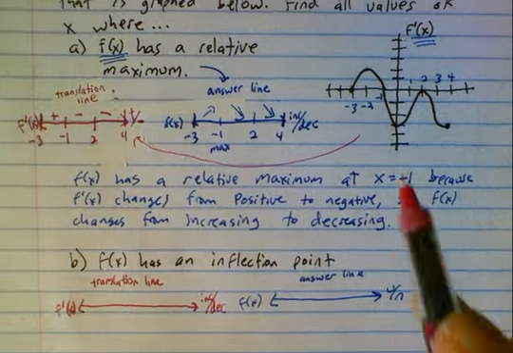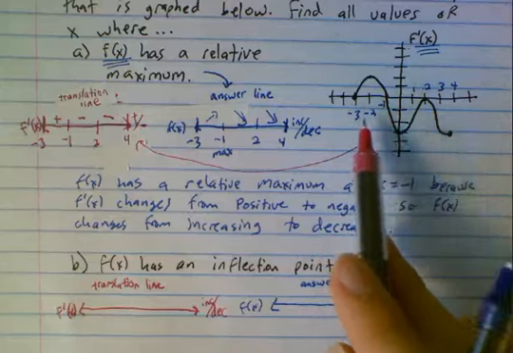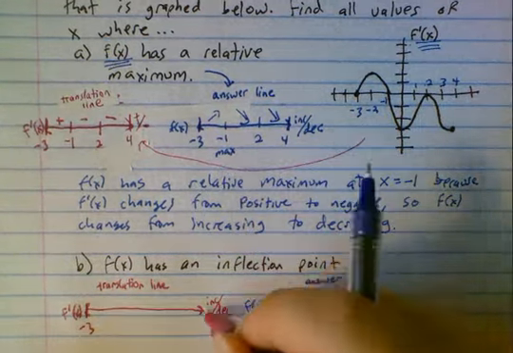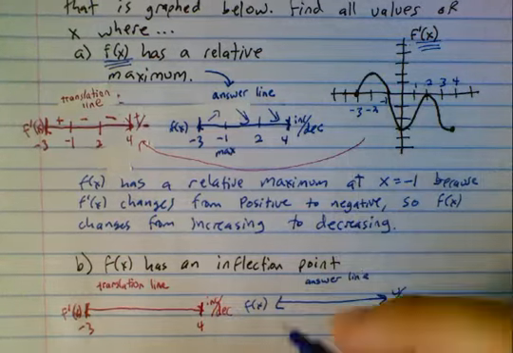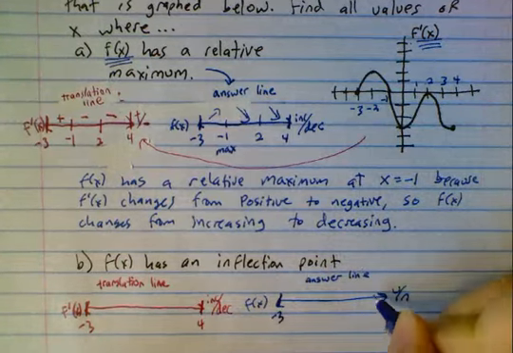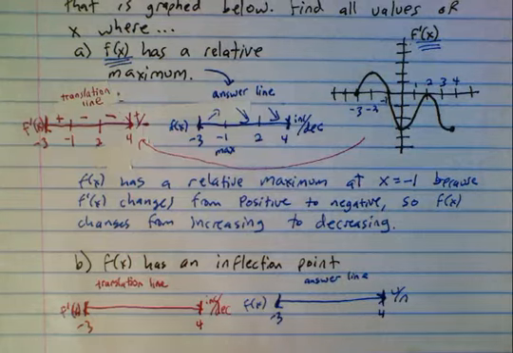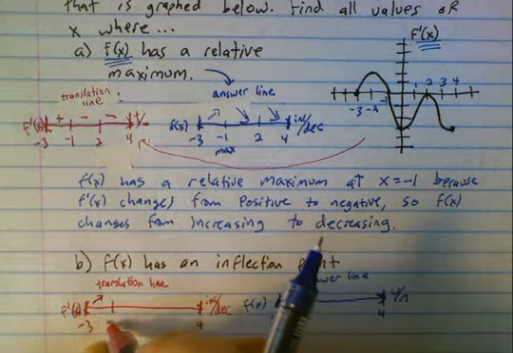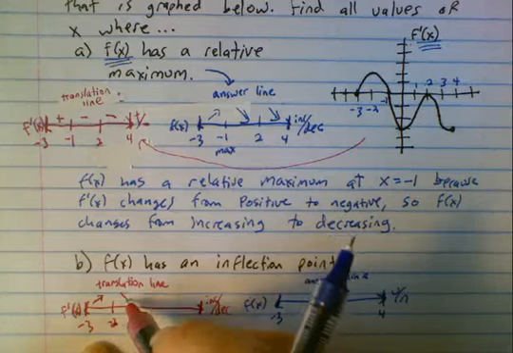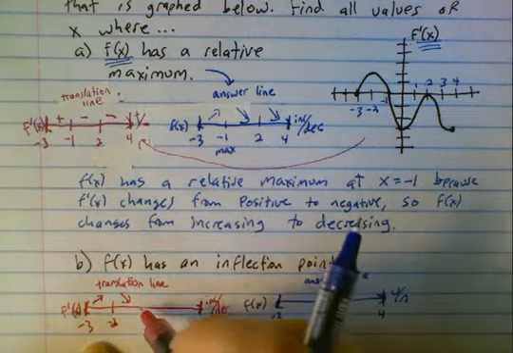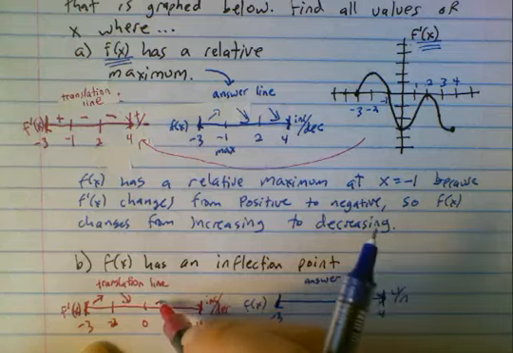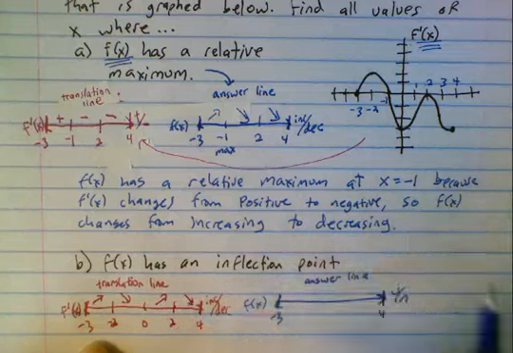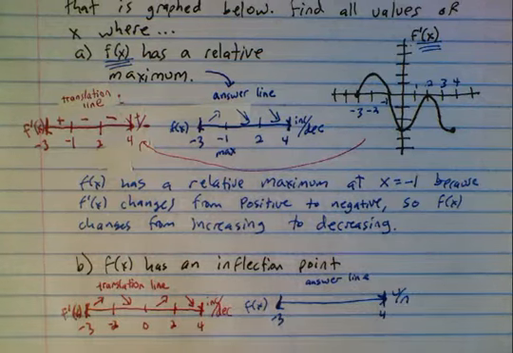Now, going back up to our little graph of f prime here, we can now fill this in. Oops, I did it again. It should be -3 to 4 and -3 to 4. So it's increasing until -2, then decreasing all the way to 0, then increasing to 2, then decreasing again to 4.